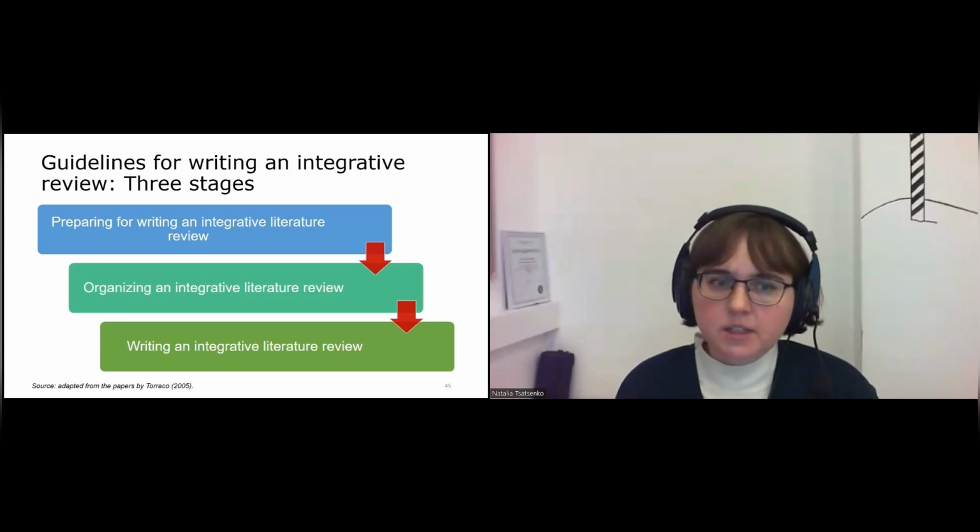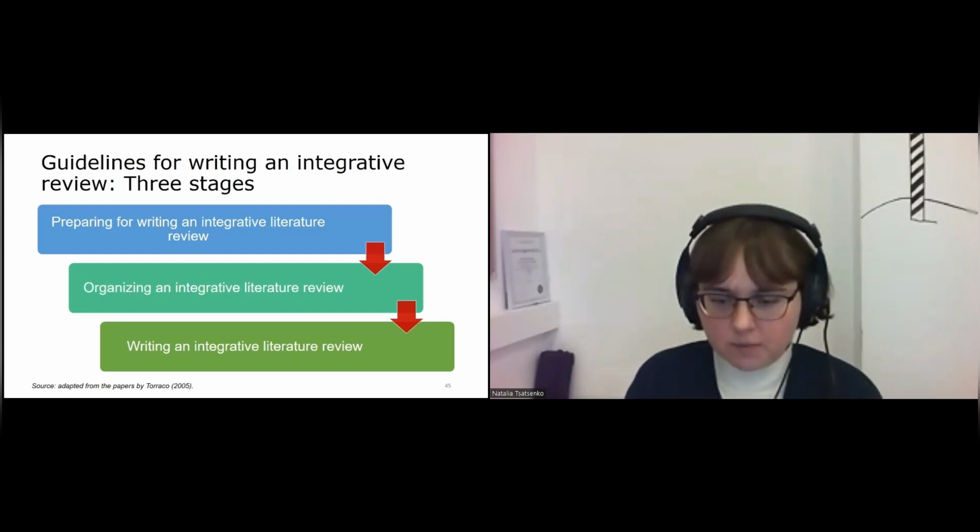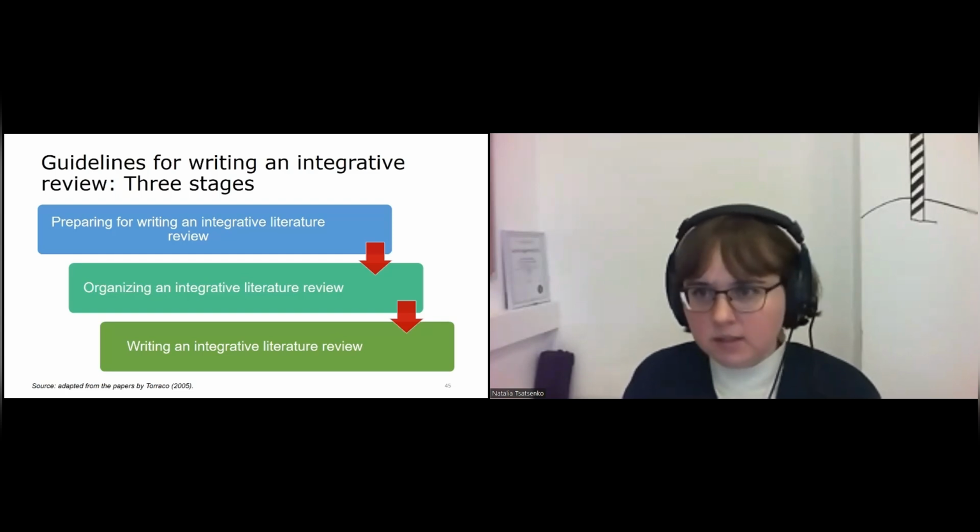Generally speaking, there are three big stages. First, the preparation stage. Second is organization, and the last stage is writing. Now we discuss this in more detail.